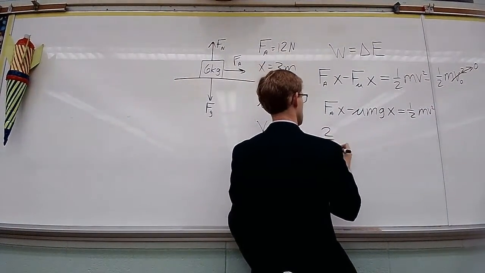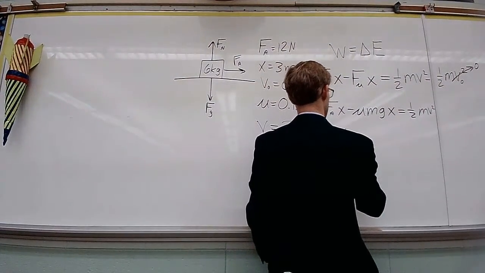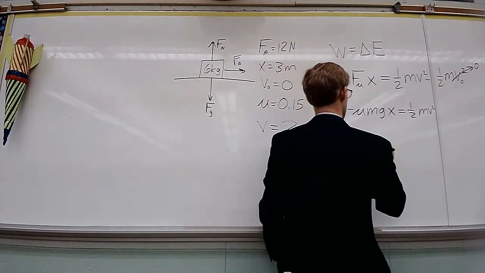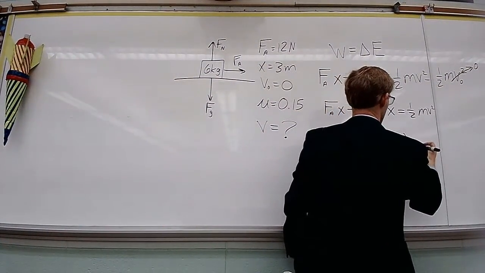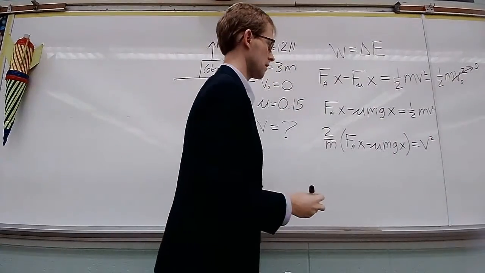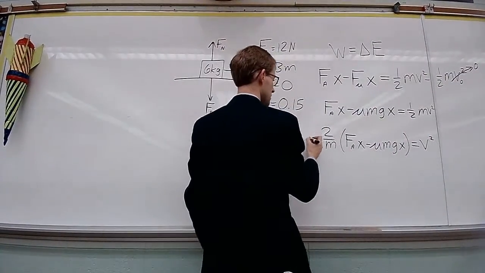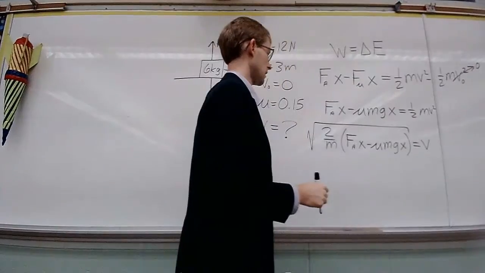Wait, I keep forgetting one thing. And of course, in order to get rid of the square, we got to take the square root. And then you plug those numbers in.